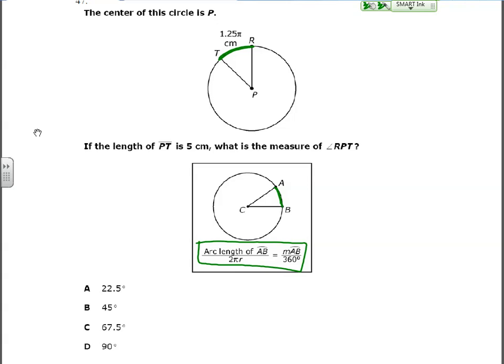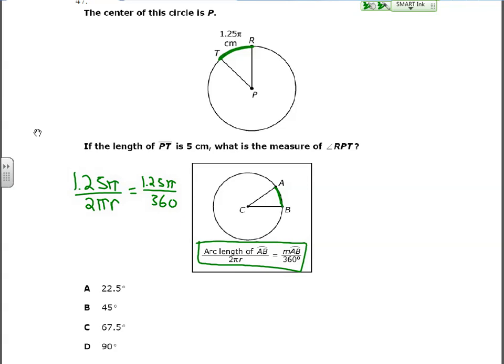So the arc length of AB, or TR, 1.25 pi, divided by 2 pi r, equals the measure of AB over 360. And since pi is an actual value, you can use cross products to solve that.